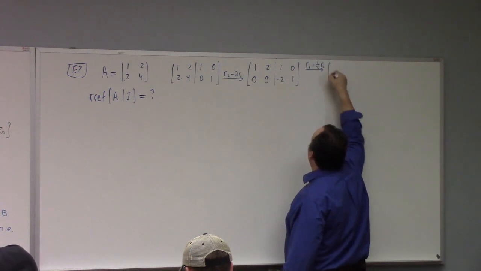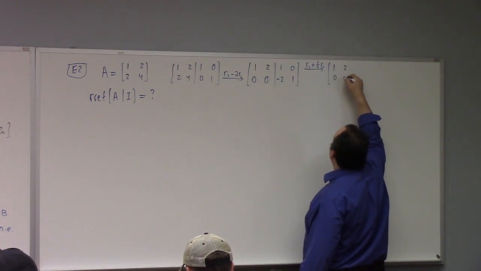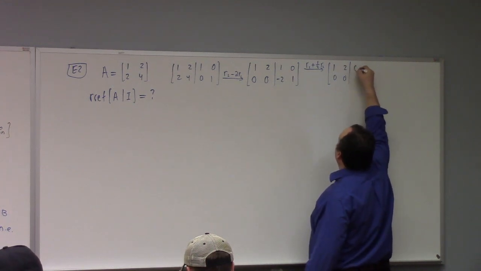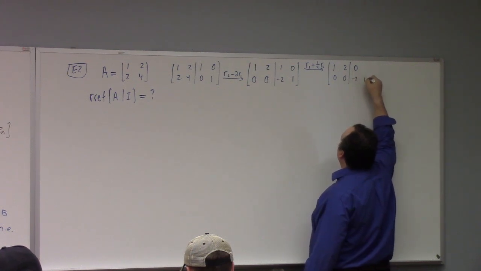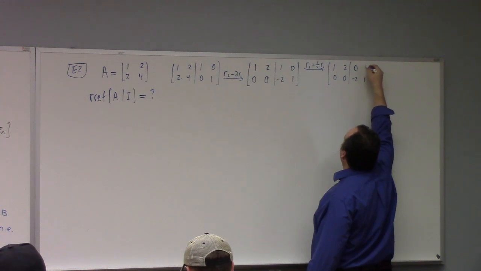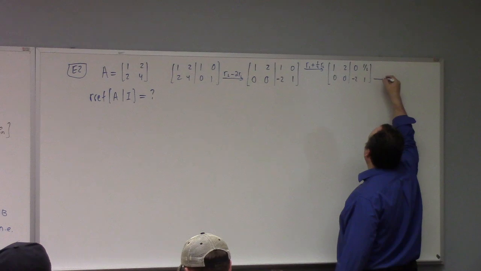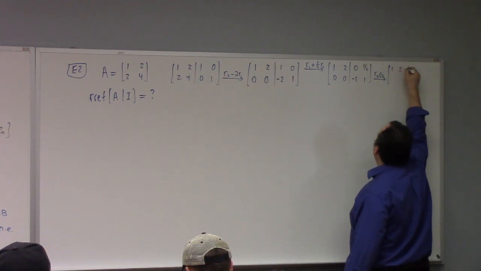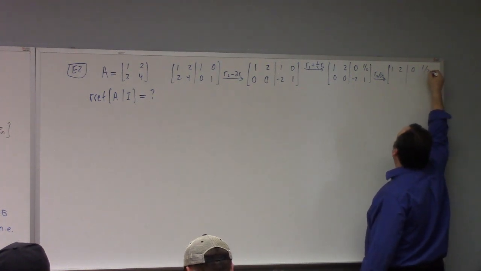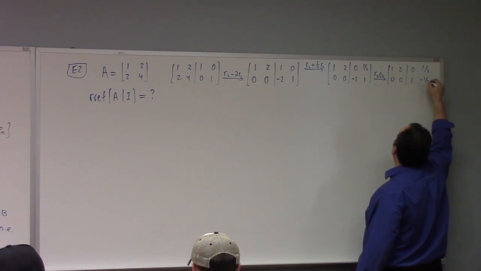This gives me 1, 2, 0, 0, and then 0, minus 2, 1, and I guess this is a half. And then finishing below, row 2 divided by minus 2: 1, 2, 0, 1/2, 0, 0, 1, minus 1/2, right?